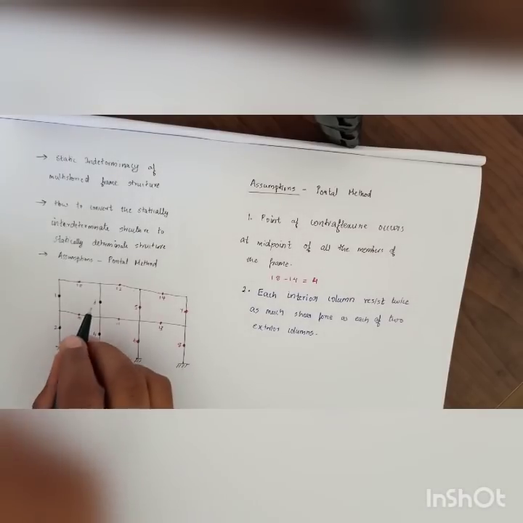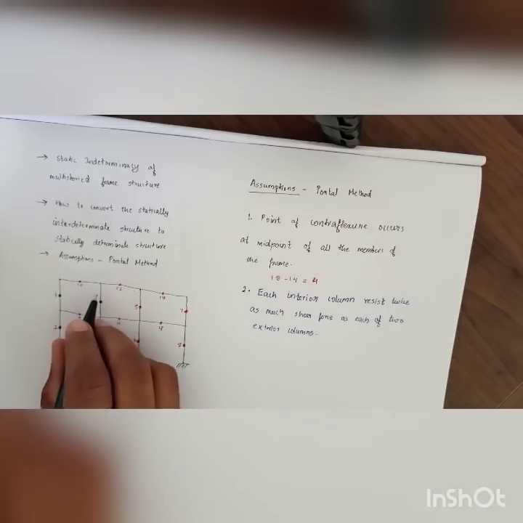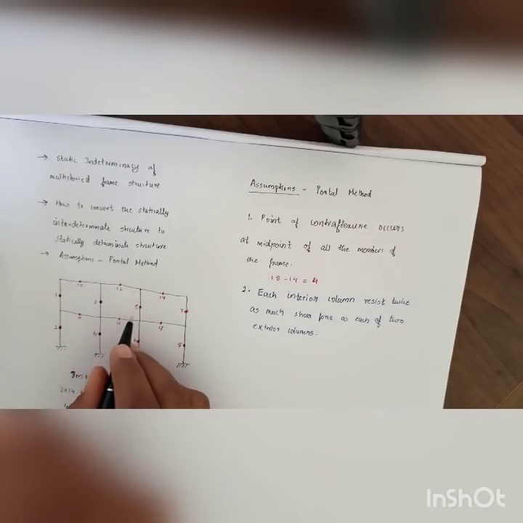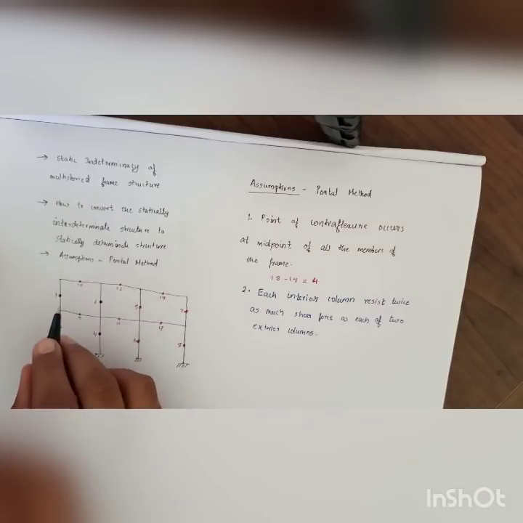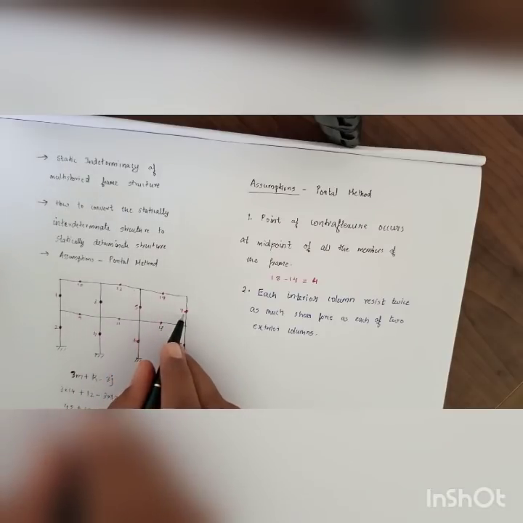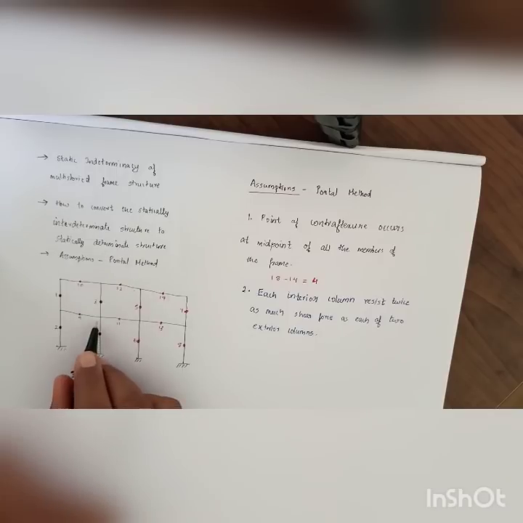So here you can see that columns number 3 and 5 are going to take twice the shear of columns 1 and 7. And similarly columns 4 and 6 are going to take twice the shear force of columns 2 and 8.